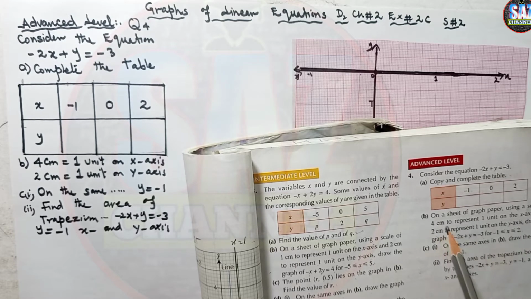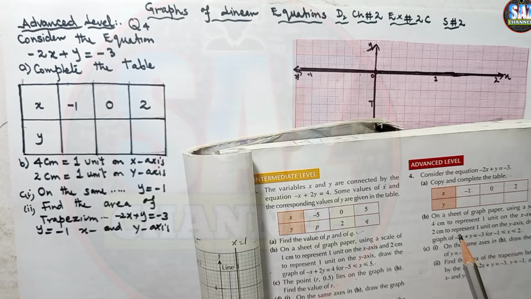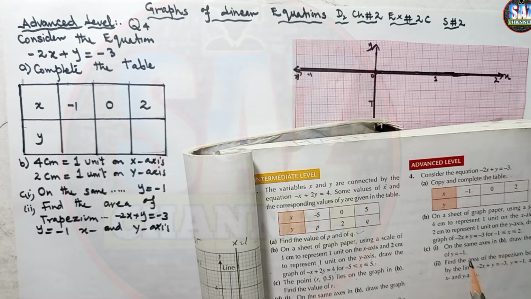It's really important that in most of the questions in CIE examination, the scale will already be given. You must follow the instructions given in the question, and you must follow the scale which is given in the question. And if the scale is not already given, you have to try to set the most suitable and easy scale, like 1 centimeter equals 1 unit, depending upon the situation of the question.